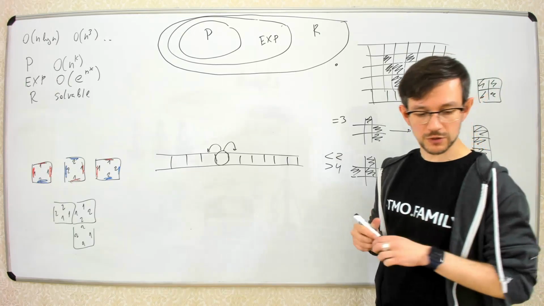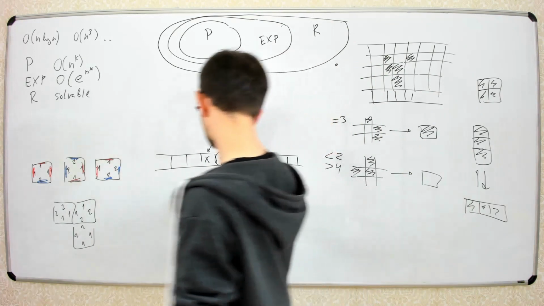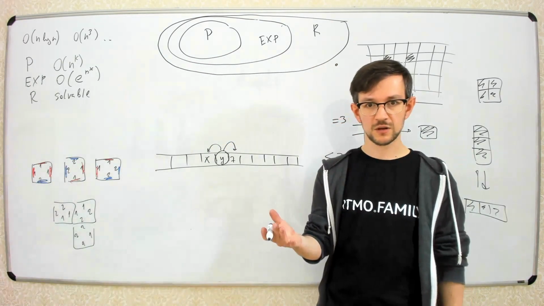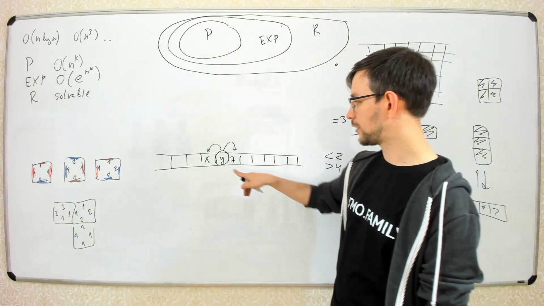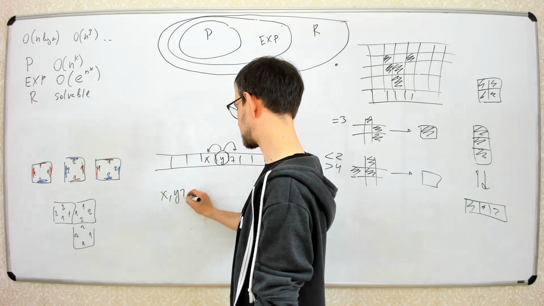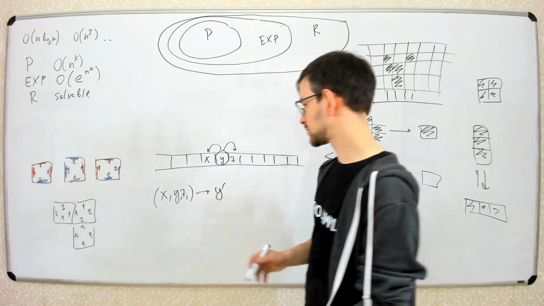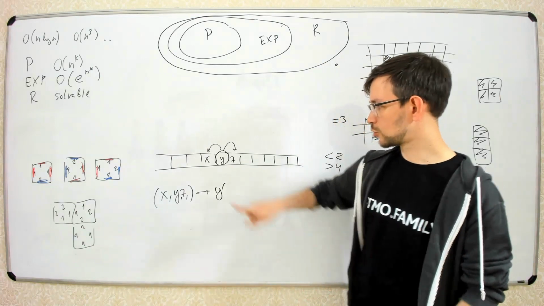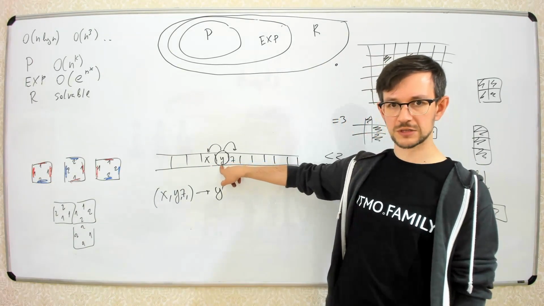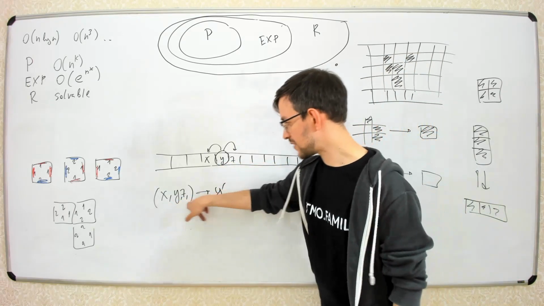So basically, if you have this x, y, and z, then to create this automaton, you actually need to make a function. You need to make this function from x, y, and z to the new value y prime. So we look at these three cells and find the next value of this cell. This is a Boolean function of three variables.